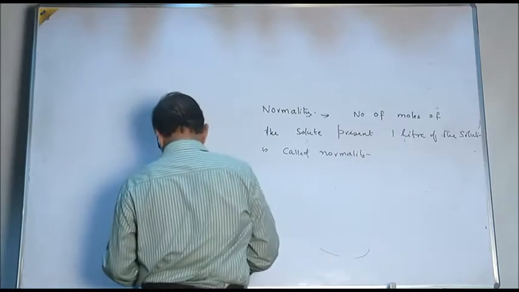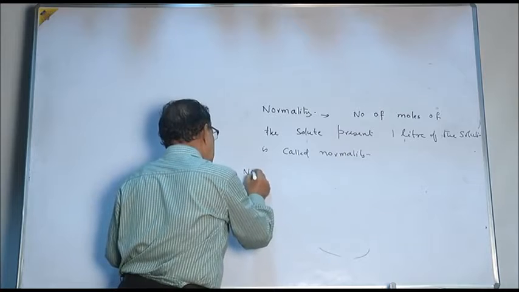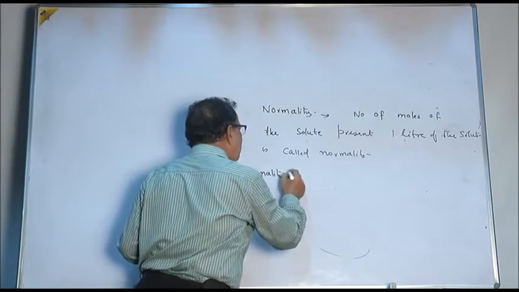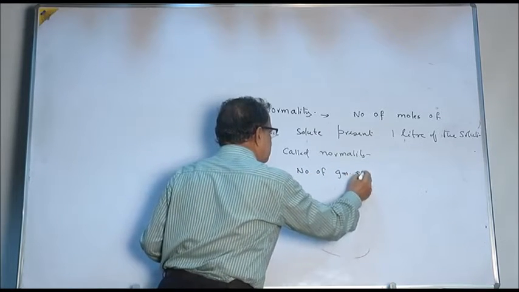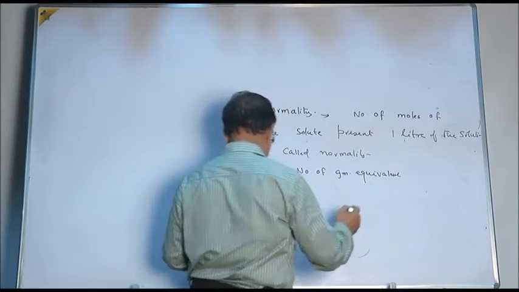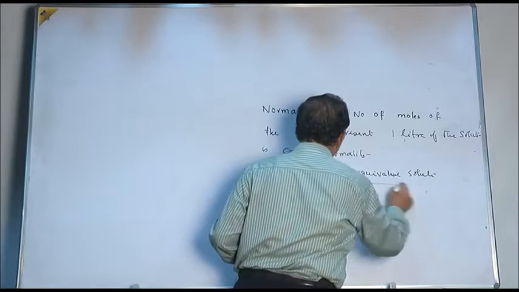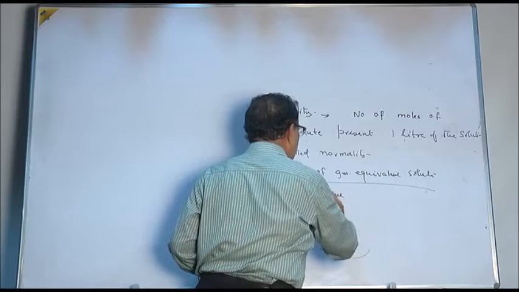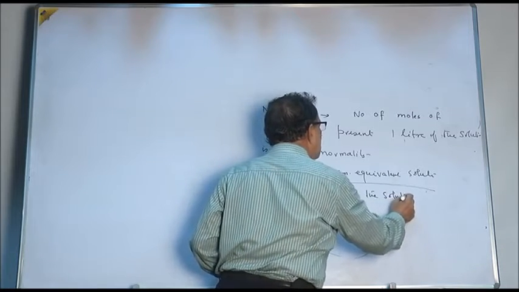We may write normality like this: the number of gram equivalents of solute by the volume of the solution of 1 liter.